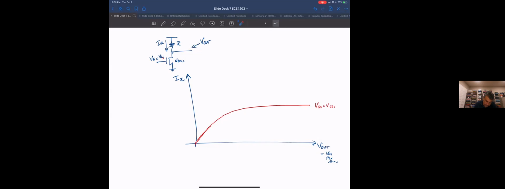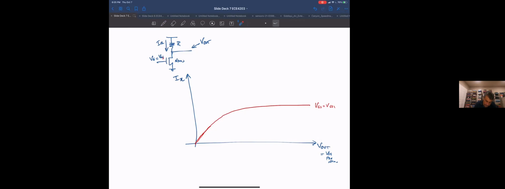At the intersection point, the current through the resistor and the transistor are the same. That's our assumption from Kirchhoff's current law, so this current and this current have to be the same.